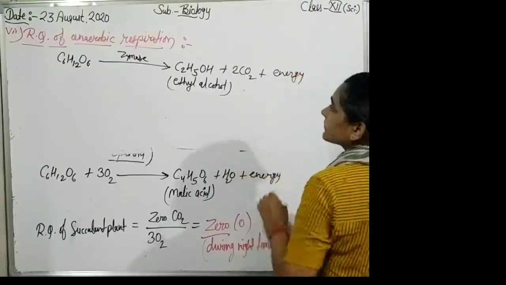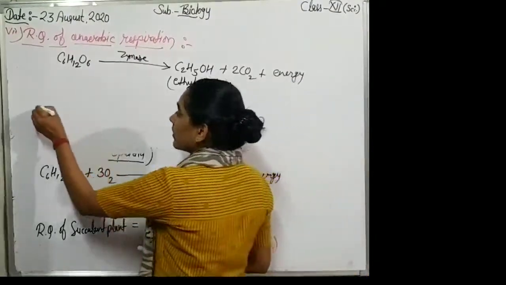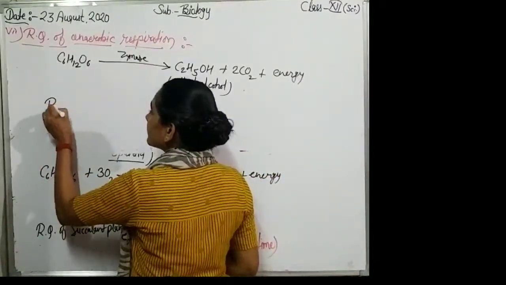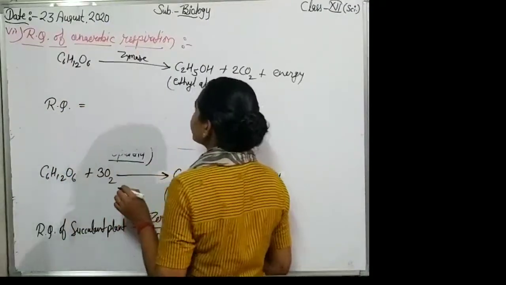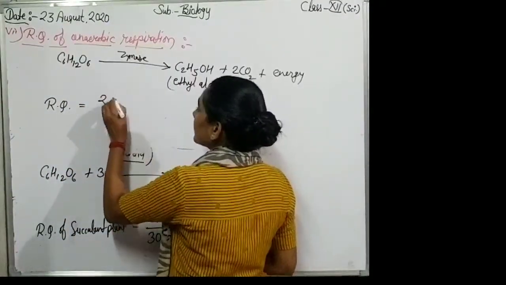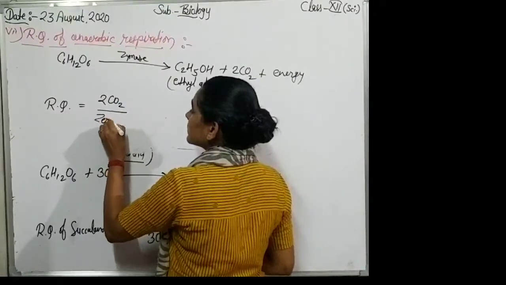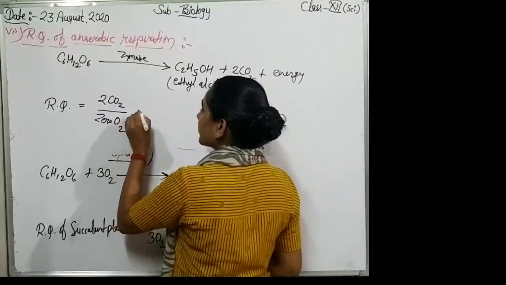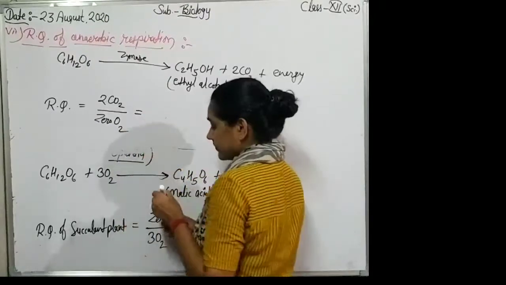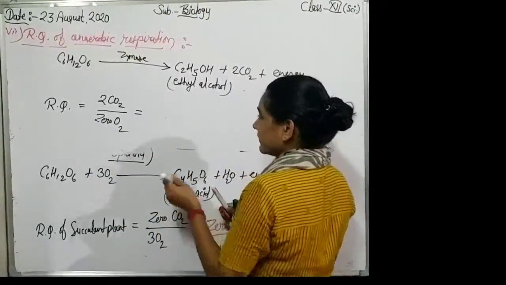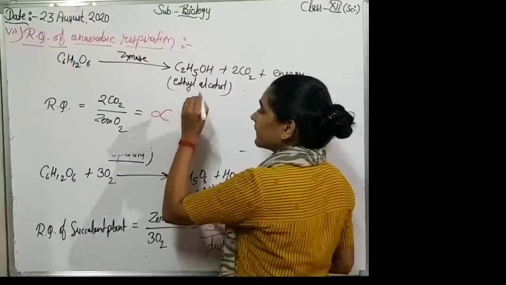So RQ is 2 CO2 molecules upon 0 oxygen molecules, which is equal to infinite.